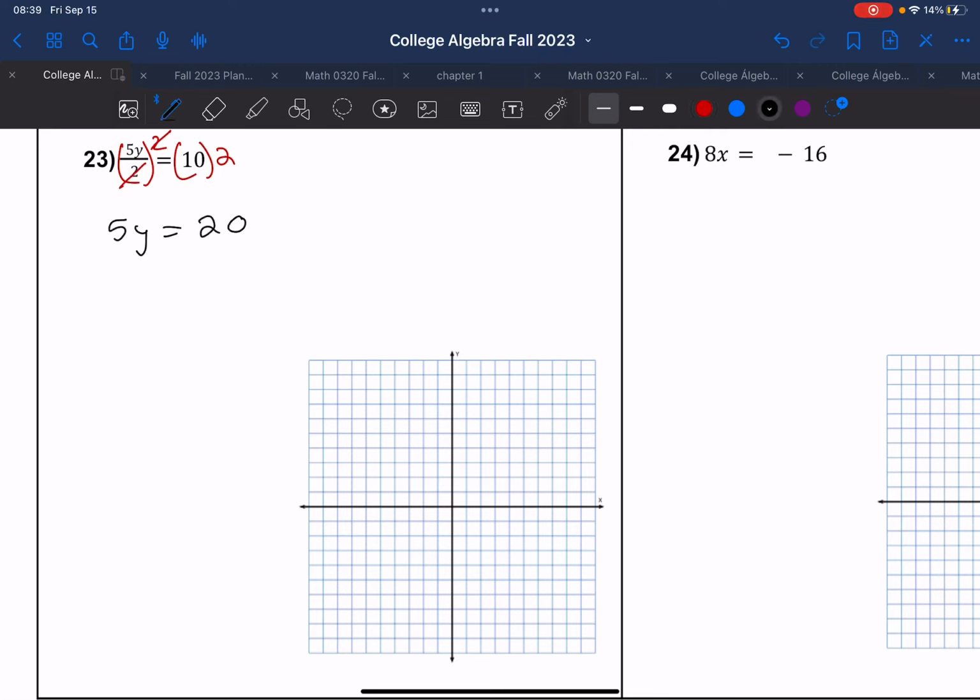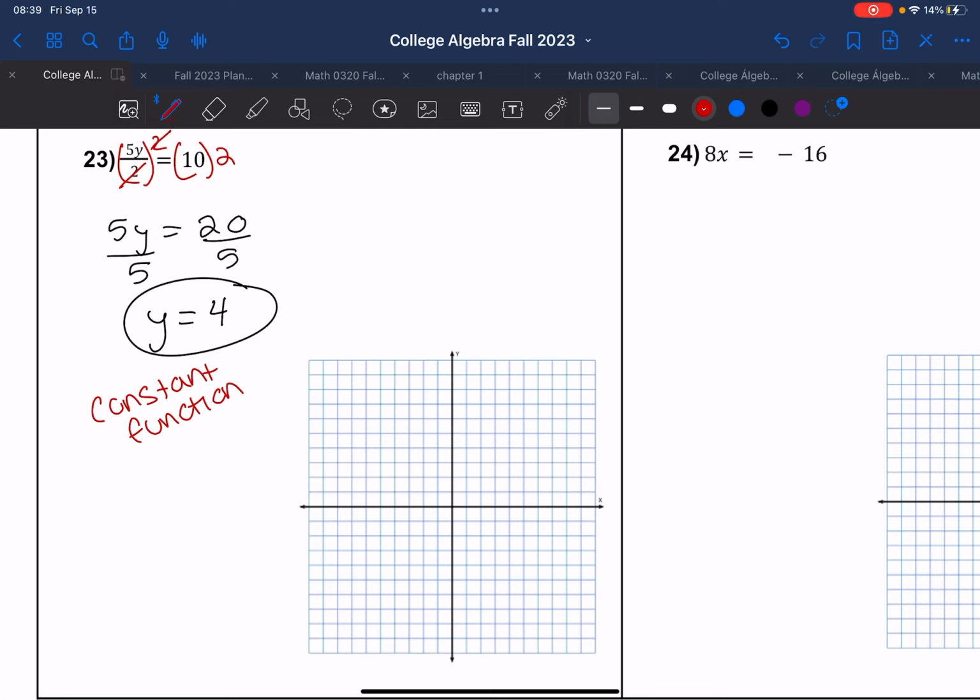Notice this y is equal to 4 is going to give me a constant function, because I don't have any other variables there. So y equals 4 gave me that y-intercept of 0, 4.